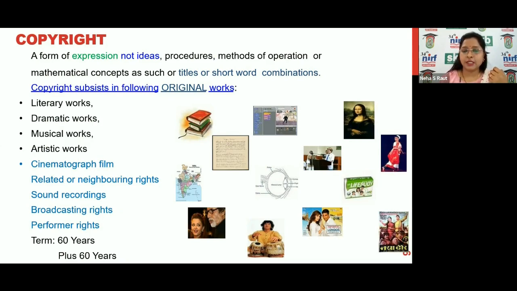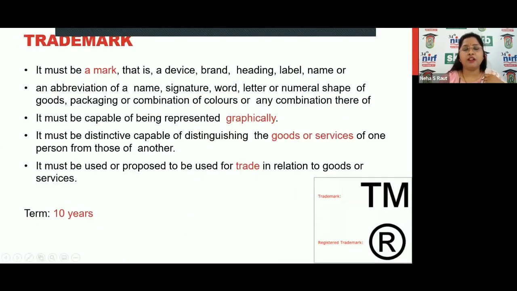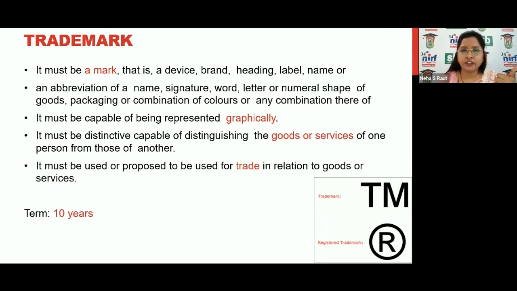Then coming to the next, this is the trademark, the highlighted one, McDonald's. After looking at McDonald's, we generally go for it. So what exactly is a mark? It is a device, brand, heading, label, name, or an abbreviation of a name, signature, word, letter, or numeral, shape of goods, packaging, or a combination of colors or any combination thereof.